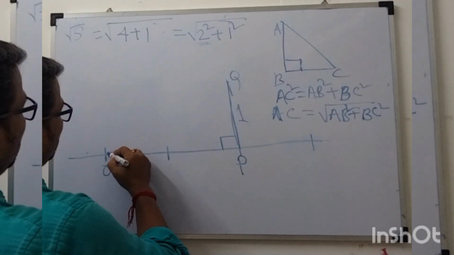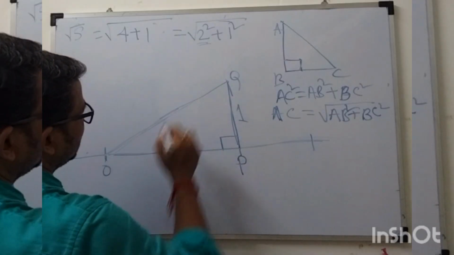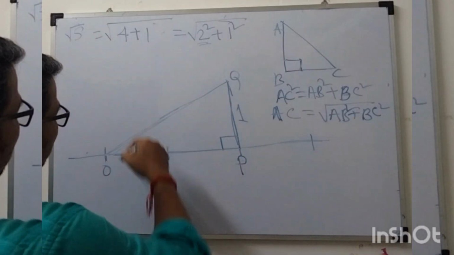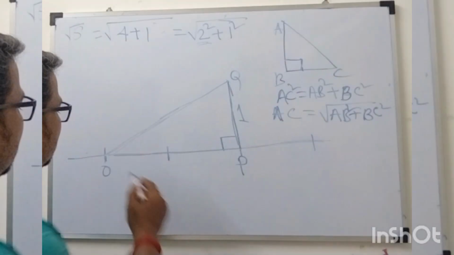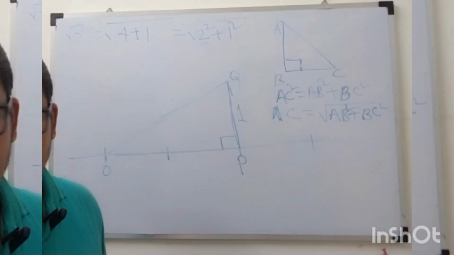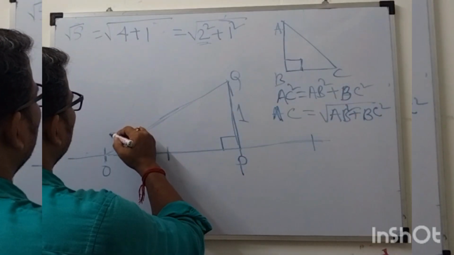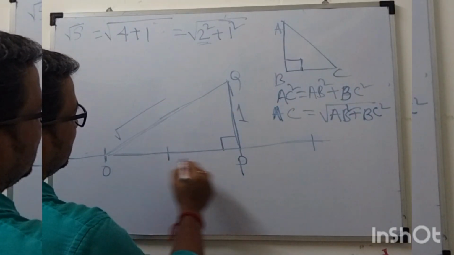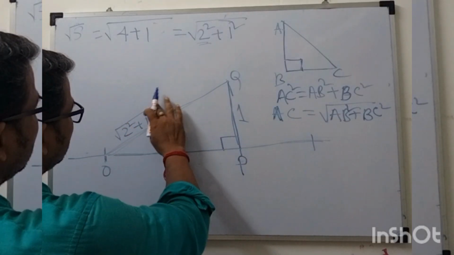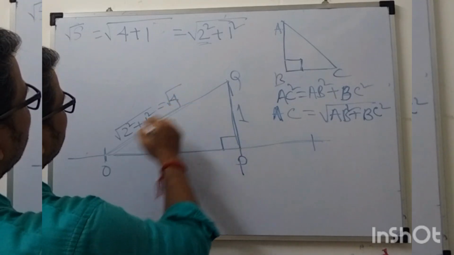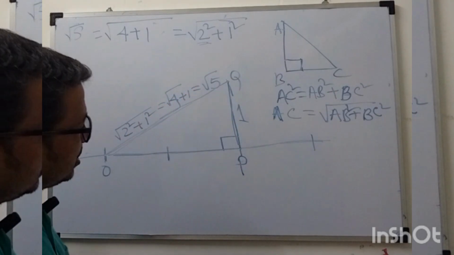Now join OQ. According to Pythagoras theorem, which is applicable here because OPQ is a right angle triangle, OQ is equal to root over 2 square plus 1 square, because OQ is the hypotenuse, is equal to root over 4 plus 1, where 2 square is equal to 4 and 1 square is equal to 1, which is root 5.